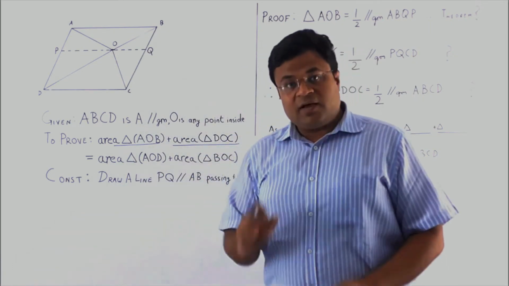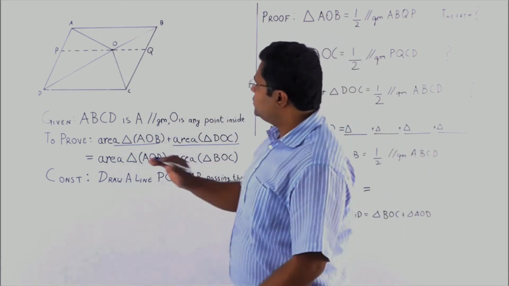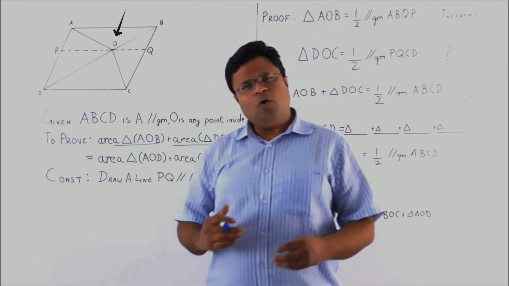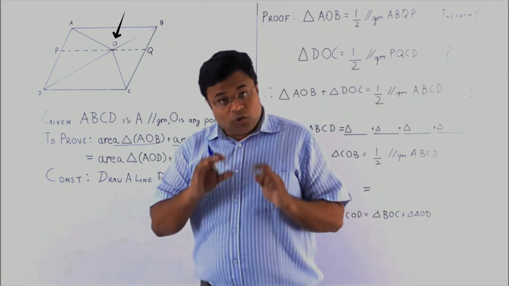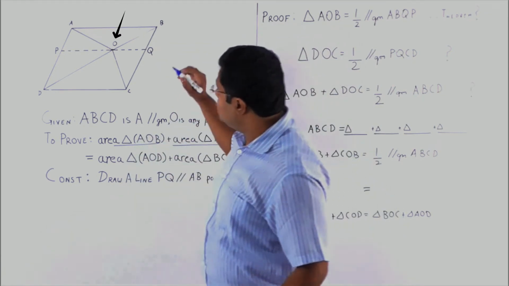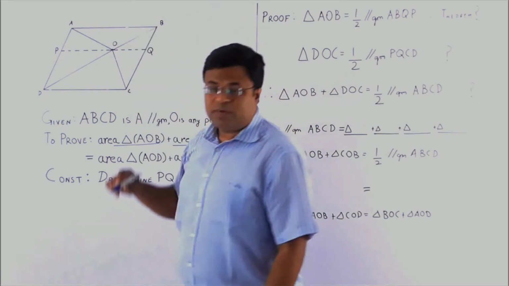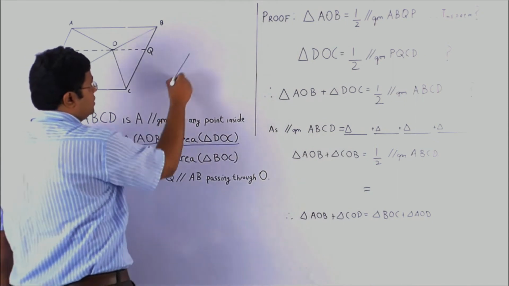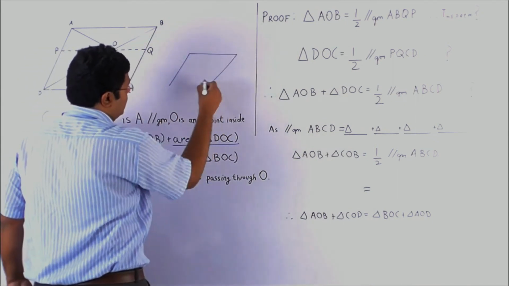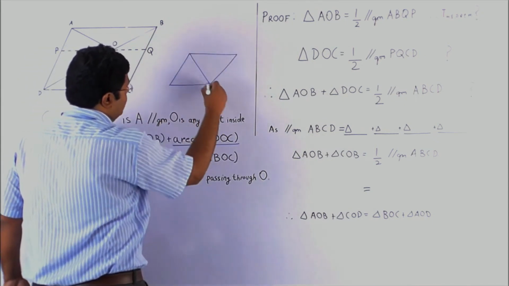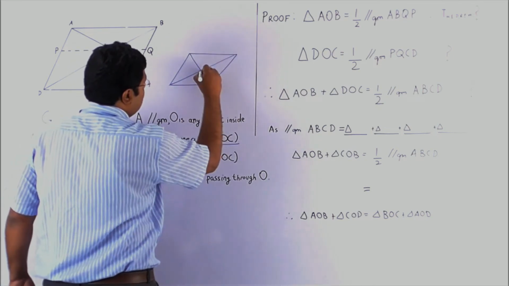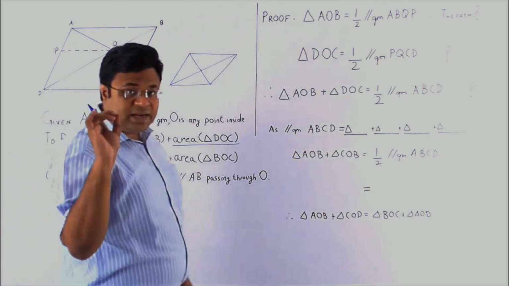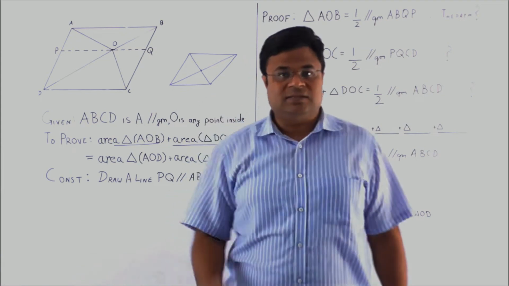So the first thing you must know is that whenever a question says O is a general point, you need to make sure that O is a general point. Don't draw a parallelogram and take O as the meeting point of the diagonals.